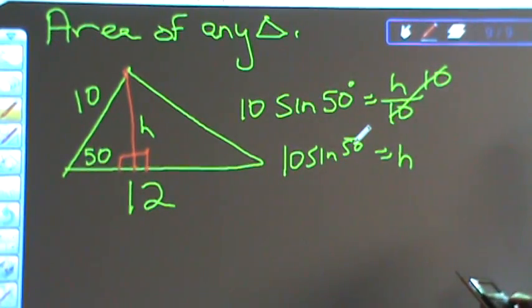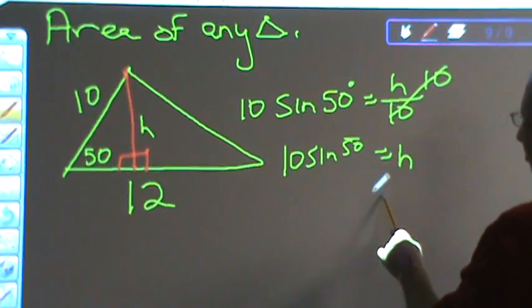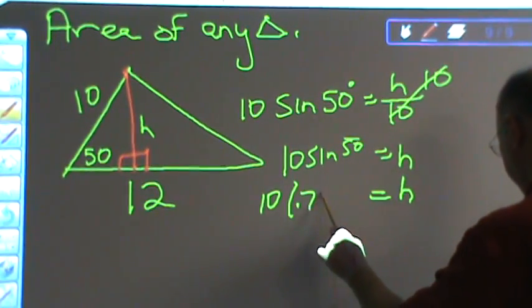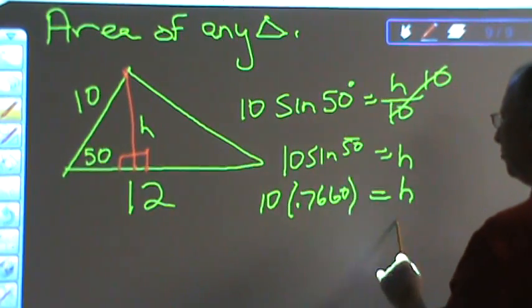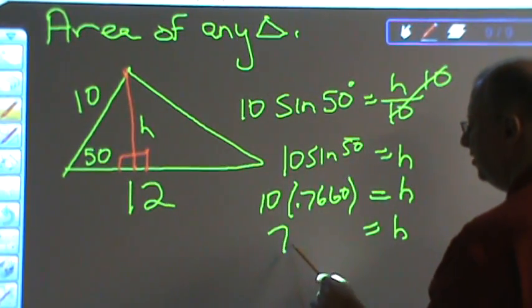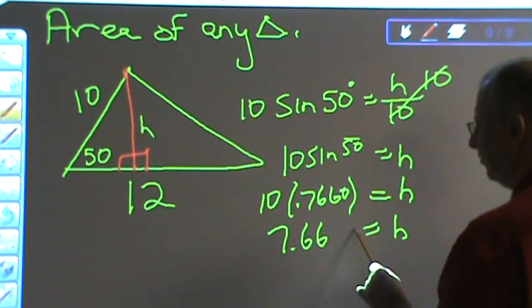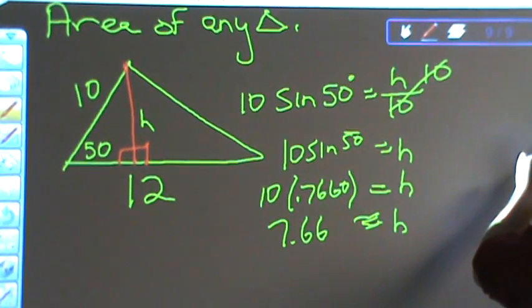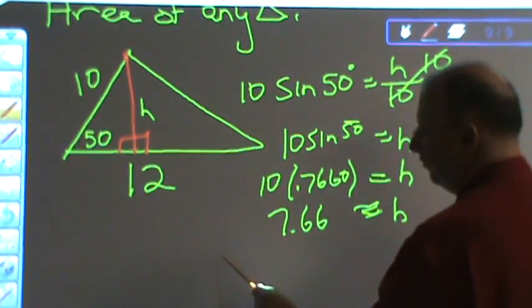And 10 times sine of 50 is 10 times 0.7660, so h is approximately 7.66. Well, let's look at how to find the area of a triangle.